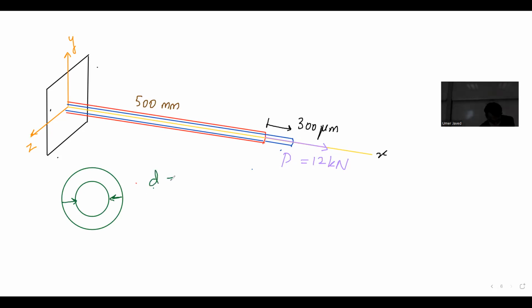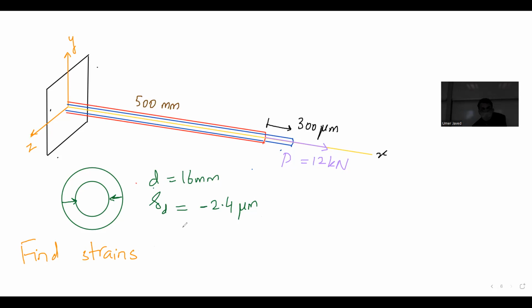The diameter was 16 millimeter. And is my change in dia positive or negative? Looks to me like a negative microns. Okay, good, that's a good question. Find the strains.